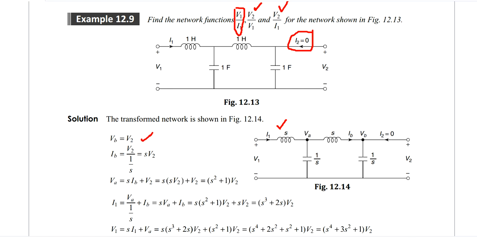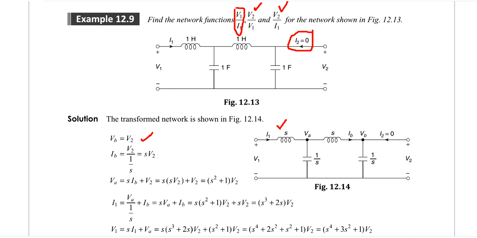So we got one equation here. And what is IB? IB is the current flowing from VA to VB through the element S. So IB will be VA minus VB by S.